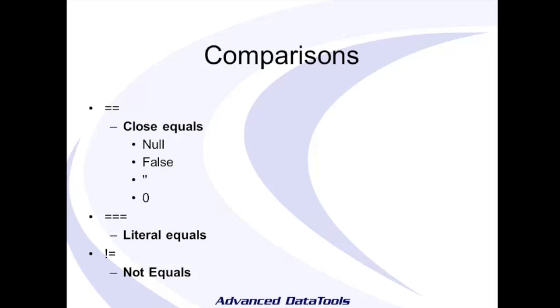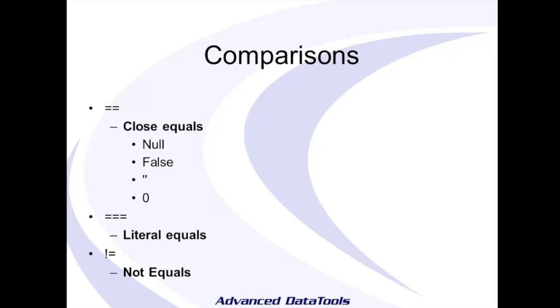An equal is a close equal. It's not exact. It treats null, false, a blank string, or 0 all as the same. So you can say 0 is equal to something that is not set or is treated as false, and it will return true. Just be aware of that.